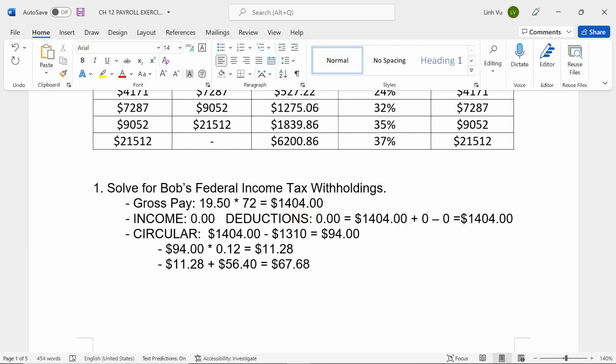That is how much the federal is going to take away from his paycheck. But we're not done here.